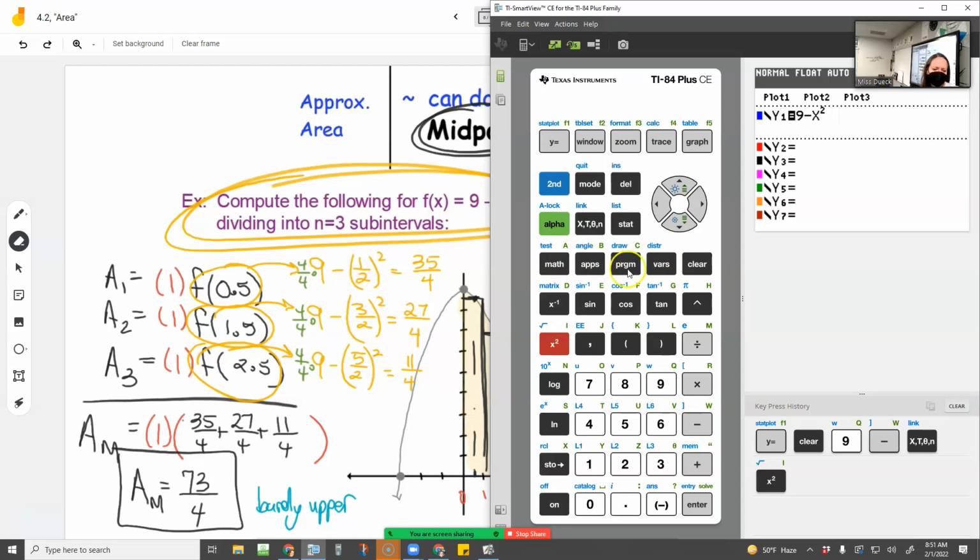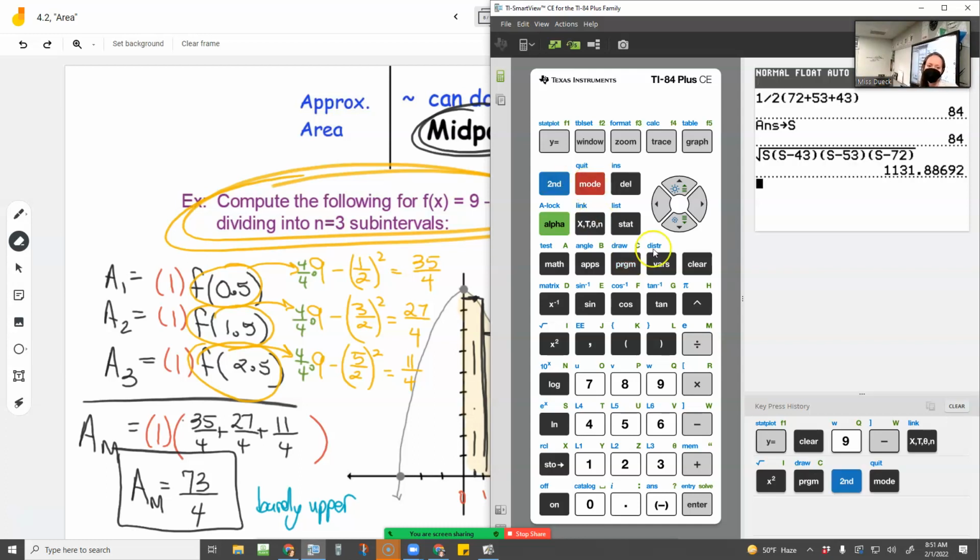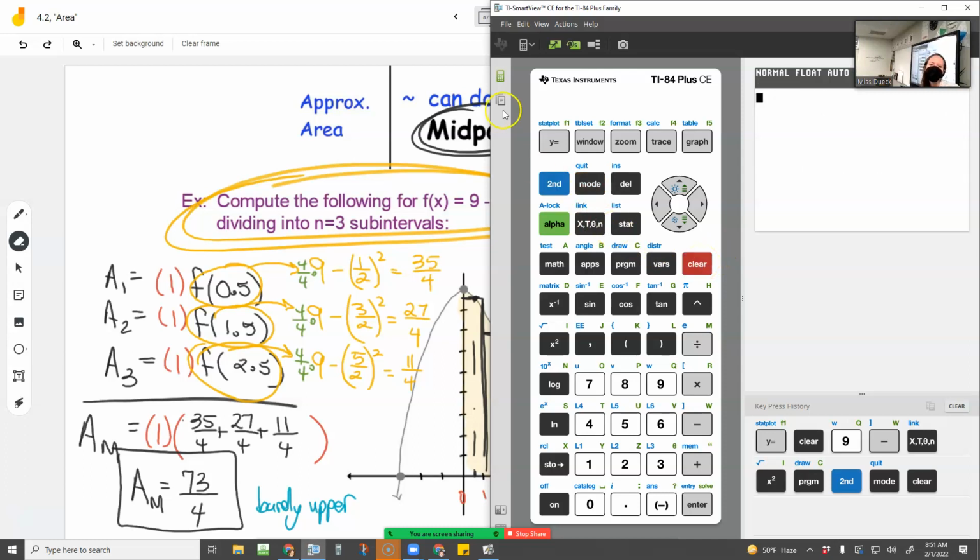I don't think I have it on this one because I've had to reset this multiple times. I think I have it on the one I use in class sometimes. But calculators have gone missing over the years, so my one with all my nice programs is probably gone at this point. But there are cool programs that say, hey, I'll do the whole thing for you. Tell me the function, tell me your n, I'll do it for you.